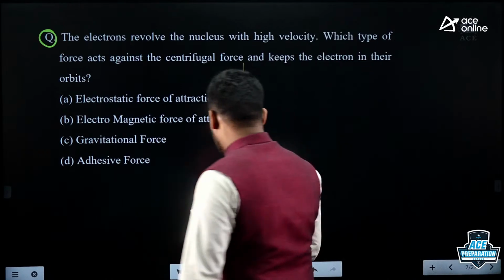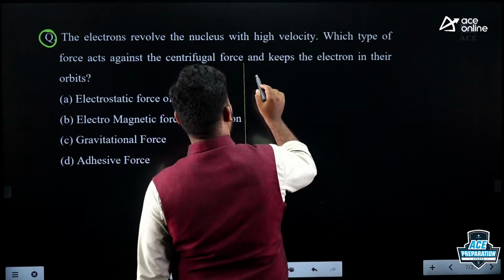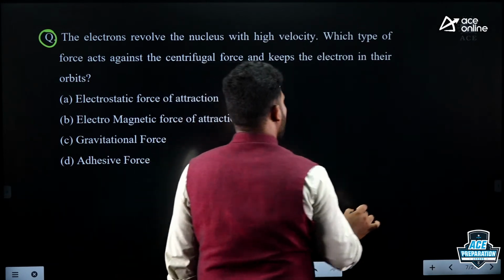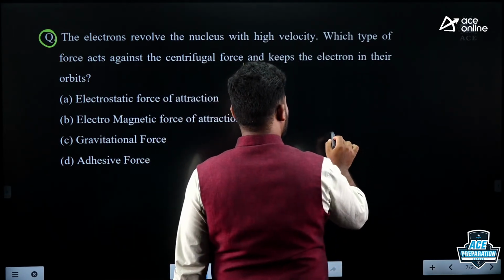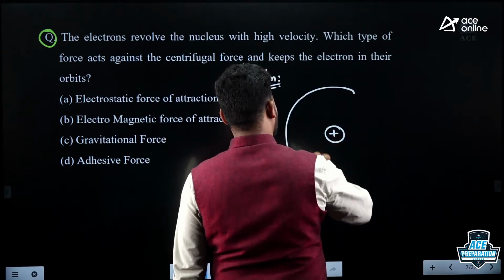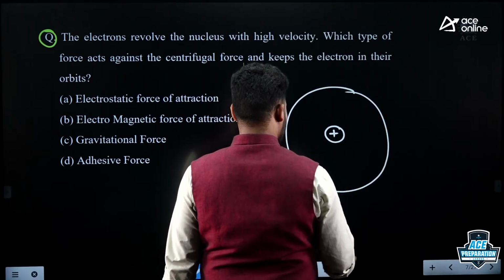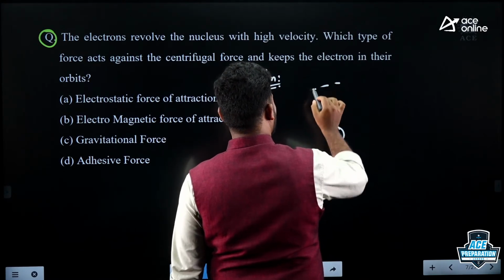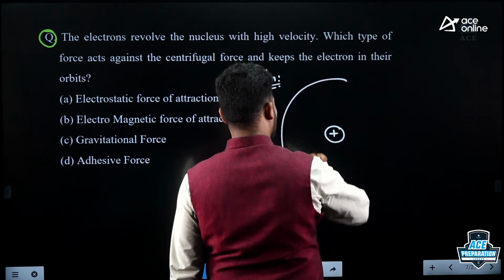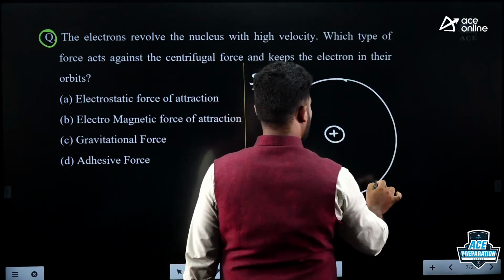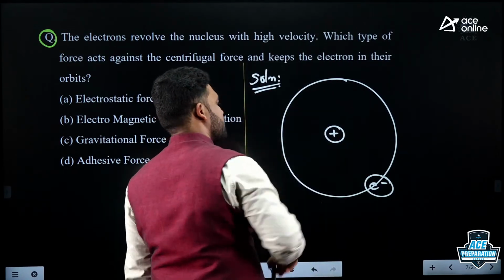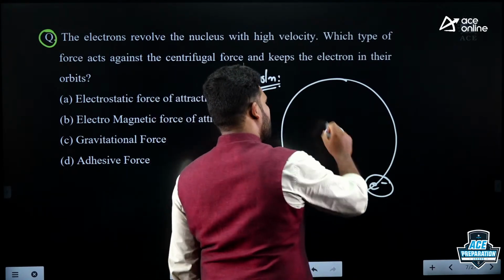Okay, fine. So let me explain this one with the help of a simple example. Here is a solution. We know the atomic structure. There is a nucleus here, positively charged, and there is an electron here which is revolving around it.